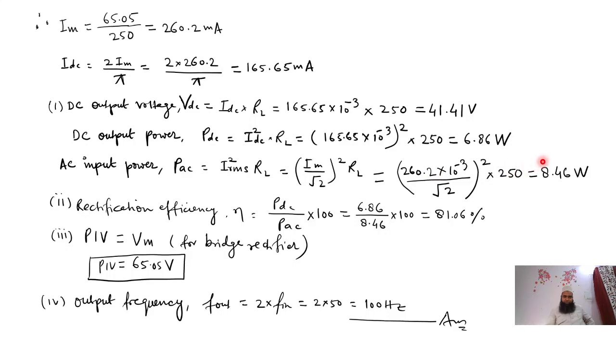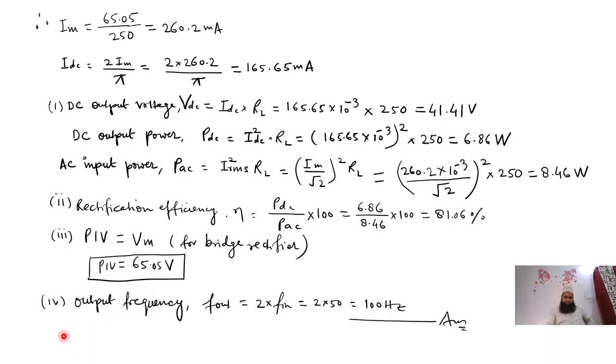This comes out to be 8.46. Rectification efficiency PDC upon PAC comes out to be 81.6%. PIV, in case of bridge rectifier, PIV equal to Vm. We have already calculated Vm. PIV equal to 65.05 volt.